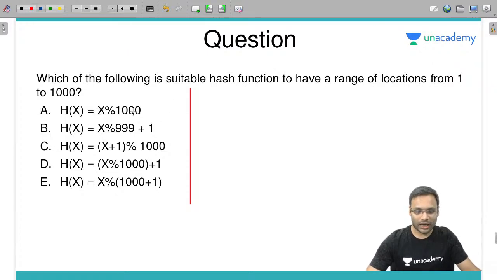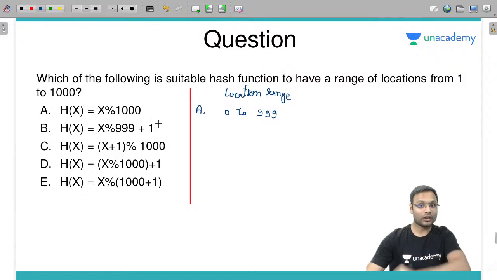X mod 1000. If you do mod 1000, option A will give you what location range? 0 to 999. Of course, which is not a correct answer.